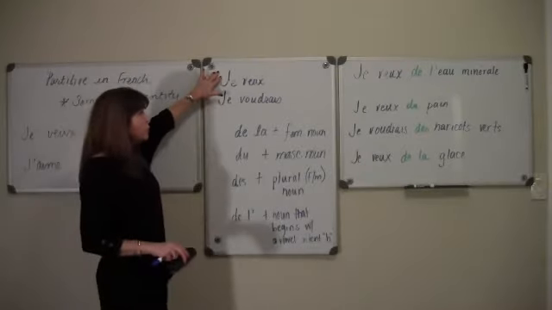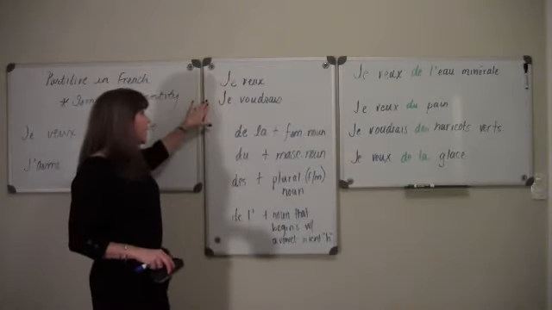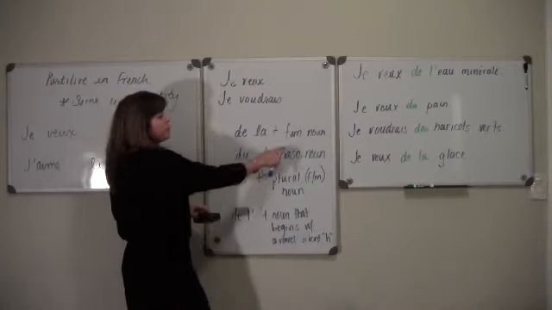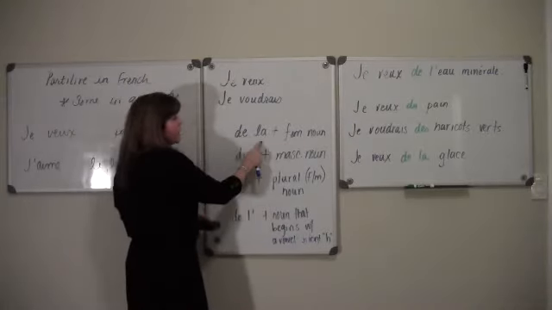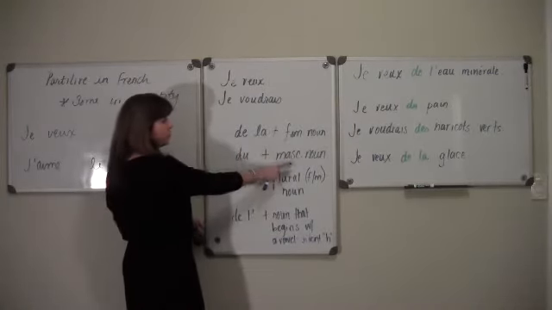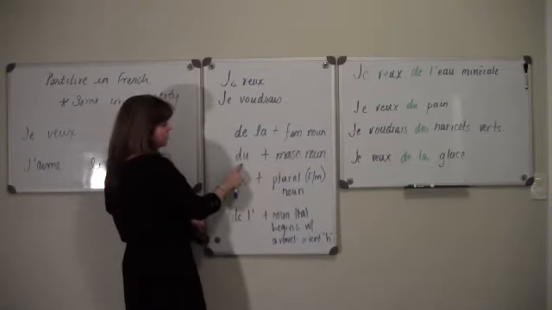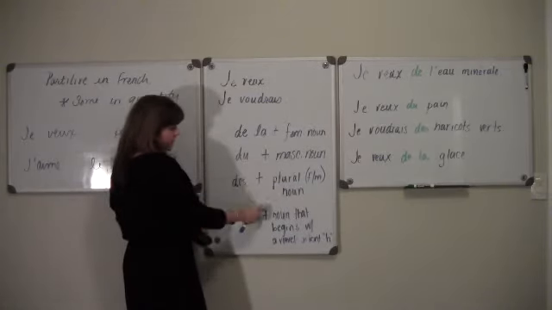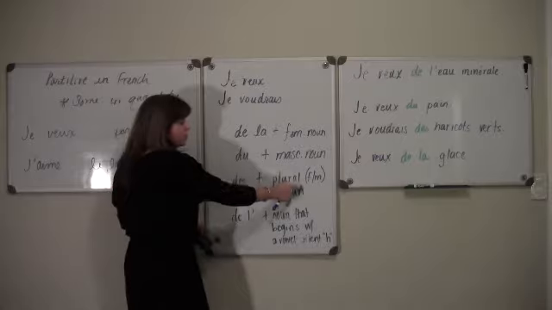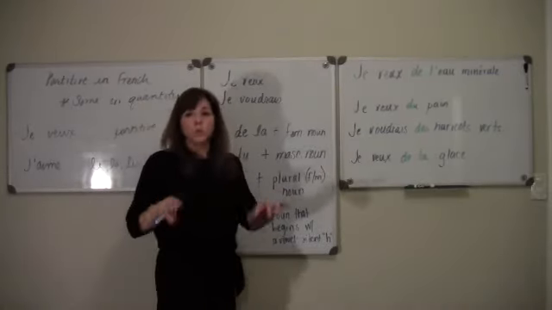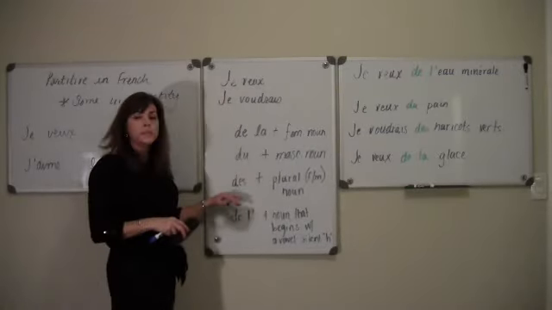Okay, so remember our je veux, I want, or je voudrais, I would like. For a feminine noun, I add de la, and then my feminine noun. For a masculine noun, I add du, and then the masculine noun. For a plural noun, whether it's feminine or masculine, I'm going to use de.